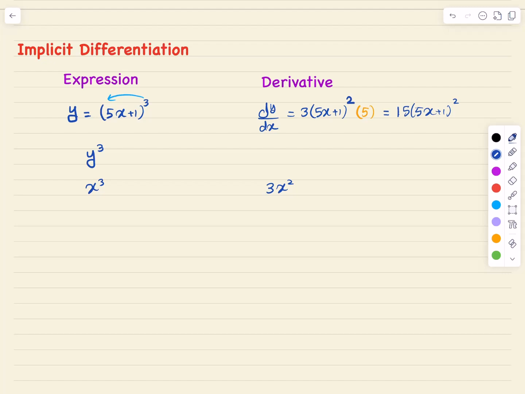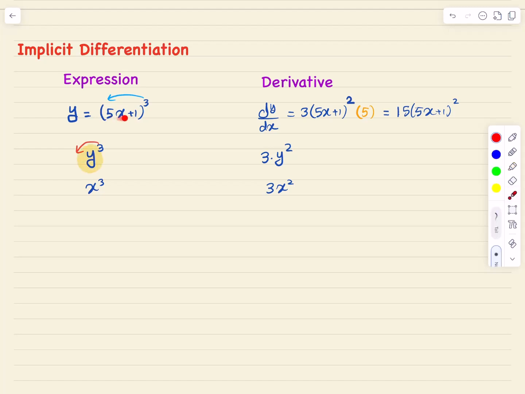Here, to differentiate it, we will apply also the chain rule. First, we put the 3 down, so it will be 3 multiplied by y squared. But after that, according to the chain rule, we differentiate the inside, what's under the power, which is only this y here.